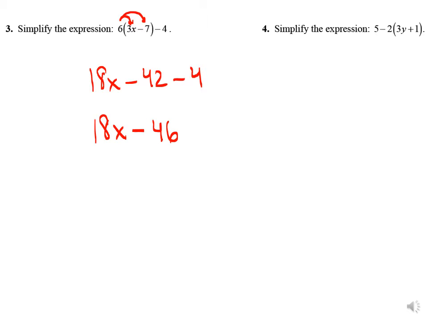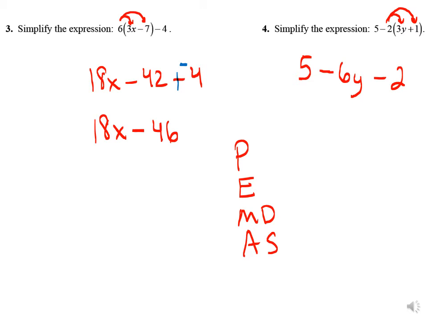Okay, number 4, the one that messes up a few students here. What should we do first, anybody? Distribute. You have to distribute before you can subtract the 5 and the 2. In this case, distributing the negative 2 there. The 5 is all in front, still stays there in front, but negative 2 times 3y is negative 6y. And then negative 2 times 1 is a minus 2.